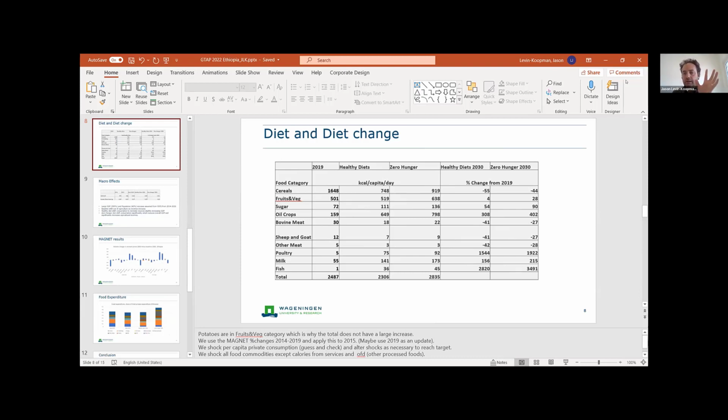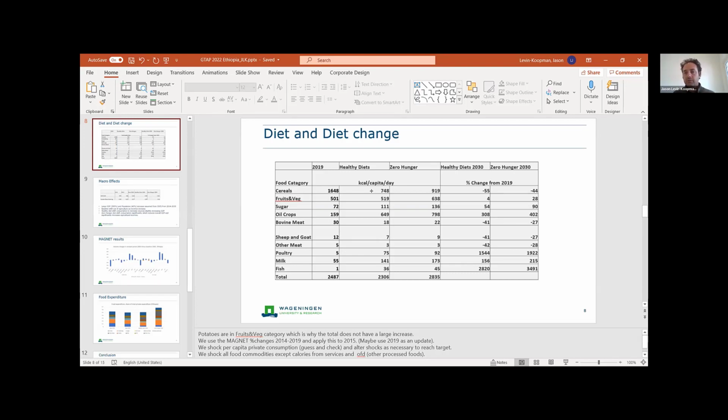We just impose this is the new consumption pattern, and this particular mix of foods is to ensure that they are getting the right nutrient mix.